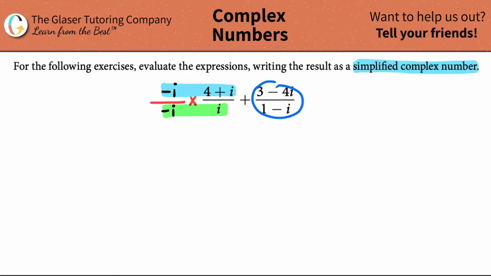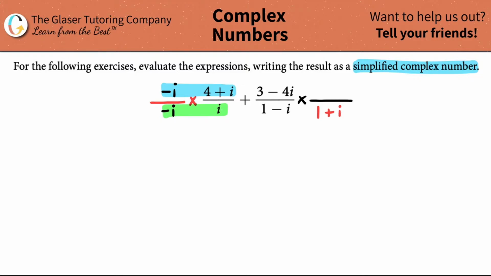Now in this case, we have the same problem, right? So let's see. I want to get rid of that i in the denominator, so I have to multiply by something, and it has to be the opposite of what's being done. Well, it looks like it's 1 minus i, so the opposite would be 1 plus i.